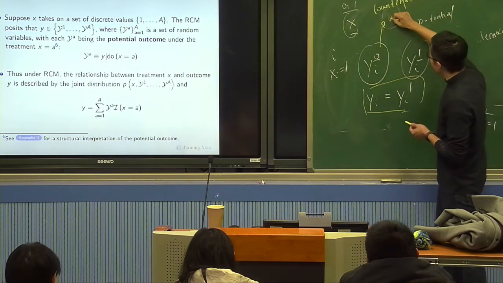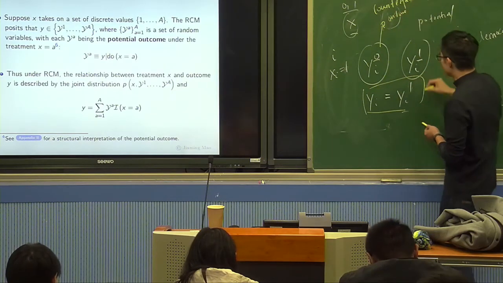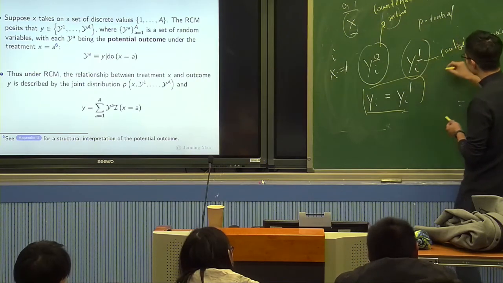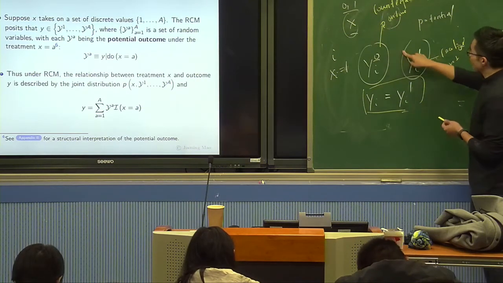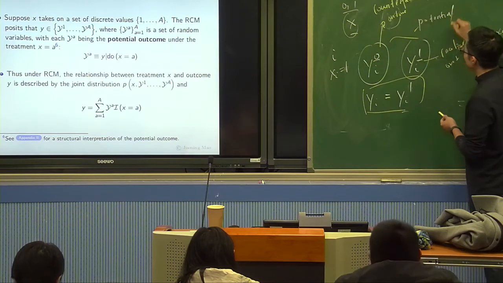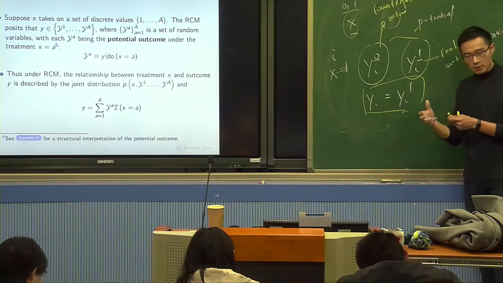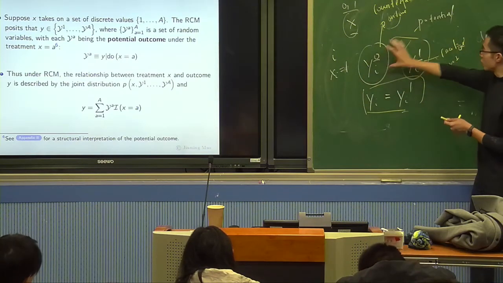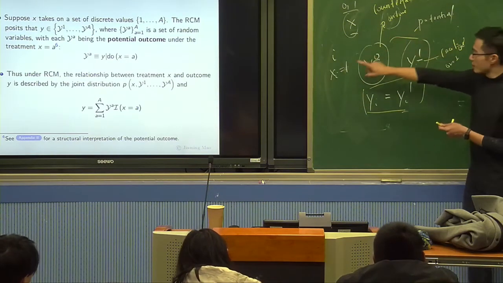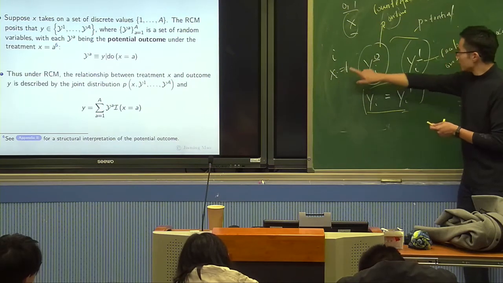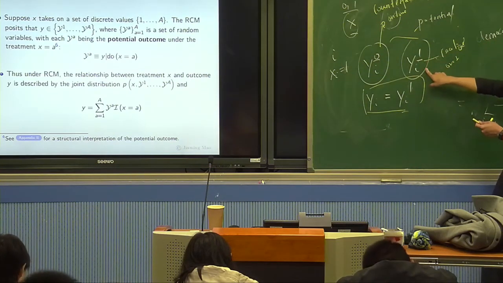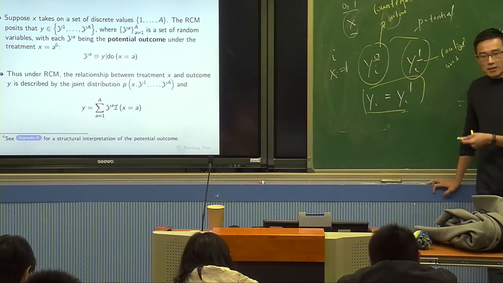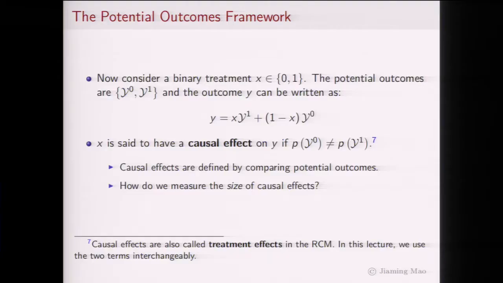This is called a counterfactual outcome, and yi1 is called a realized outcome because they actually received treatment equal to 1. And both of them are called potential outcomes, right? Before receiving the treatment, before receiving x, the person has these two potential outcomes. After receiving xi equal to 1, he has the realized outcome and the counterfactual outcome. So the counterfactual outcome means the outcome that has not been realized, right?